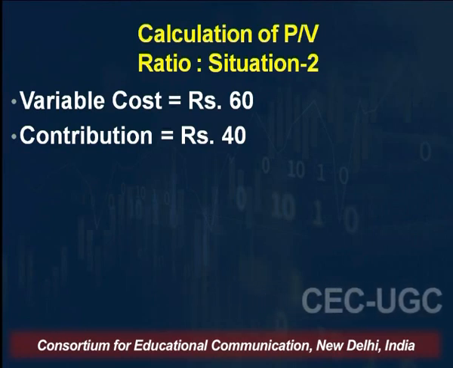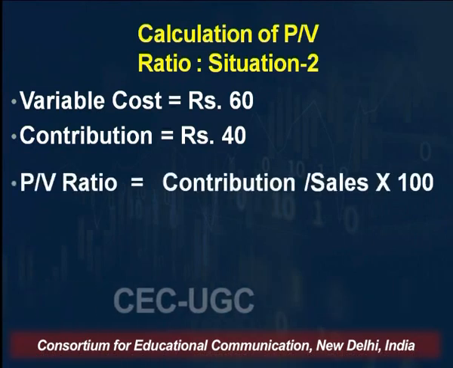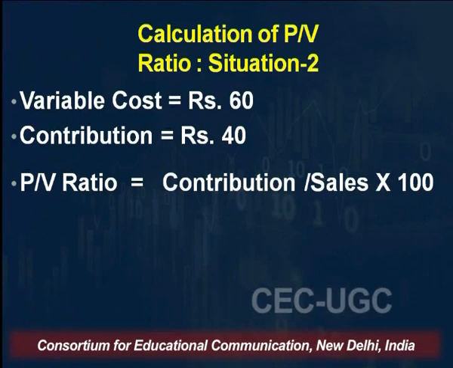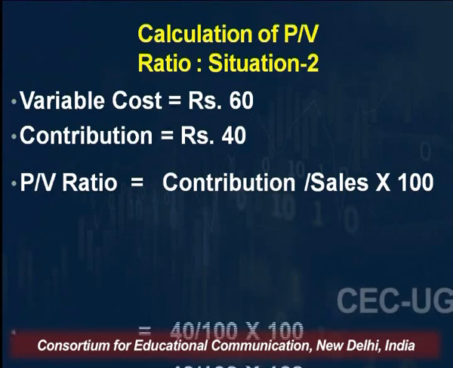Now you must be thinking how to calculate. Contribution is given, variable cost is given, but sales is not given. The formula is profit volume ratio is equal to contribution upon sales into 100. But you say, sir, contribution is 40 rupees, but sales is not given. How to apply this formula?